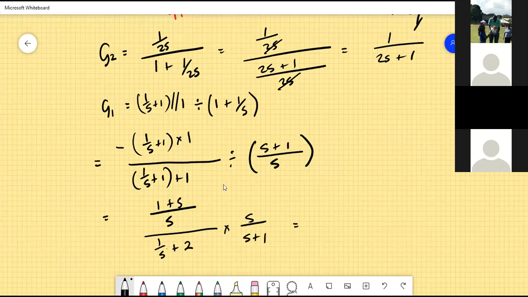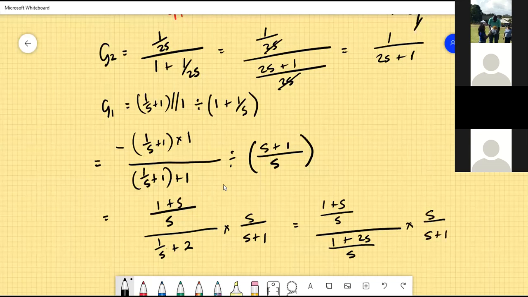So this is 1 plus s over s over s, 1 plus 2s multiplied by s over s plus 1.